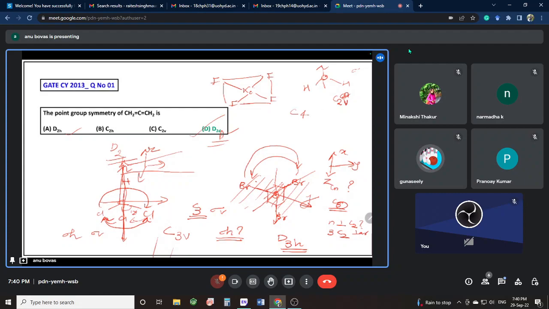It has a C4 principal axis. Now, whether it has a C2 axis perpendicular to the C4 axis, that is the next question. The C4 axis you got along the x-axis, right? Now, along the y or z axis, can you find any C2?